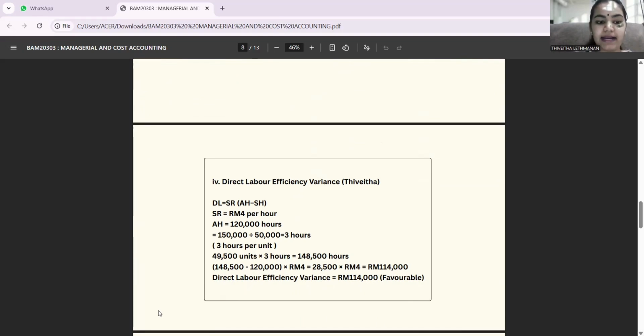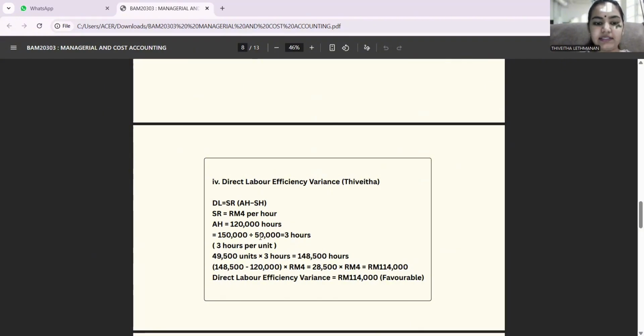Standard hours for actual output were 148,500 hours. Actual hours worked were only 120,000 hours. Since fewer hours were used than expected, the variance is favorable. The favorable variance amounts to 114,000, indicating improved labor efficiency.